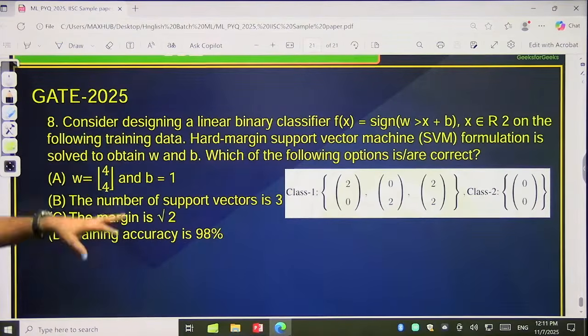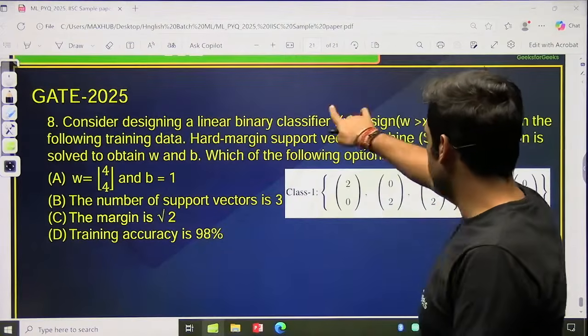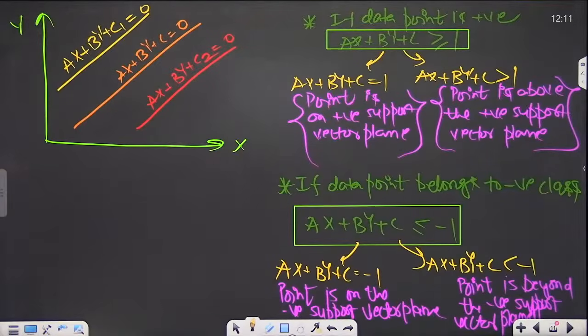But before this I just want to clear one more concept, then only you will be able to solve this. A very simple concept.